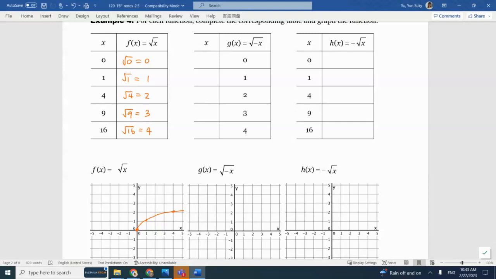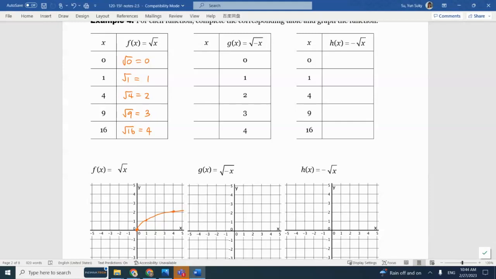If you have the minus sign in front of the whole thing, you're not changing x, you're changing the y, because y is the whole thing. You see the difference? If you only have the minus sign in front of x, you're changing the x to minus x. But if you have the minus sign in front of the whole thing, you're changing the y. So if we have the minus sign in front of the x, now what happened?